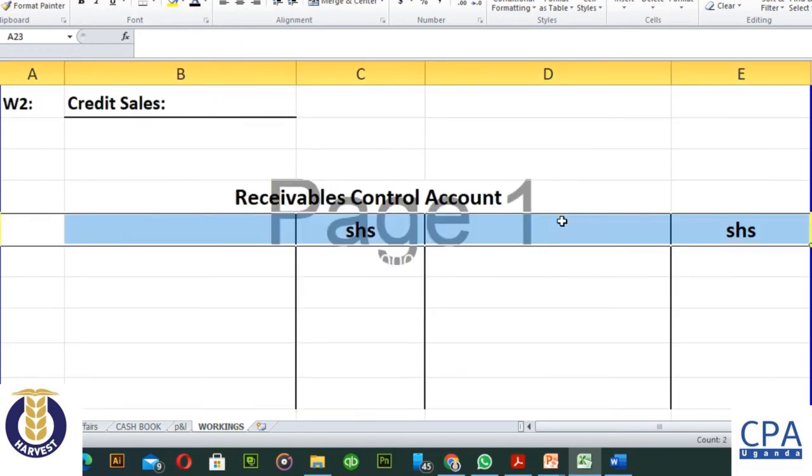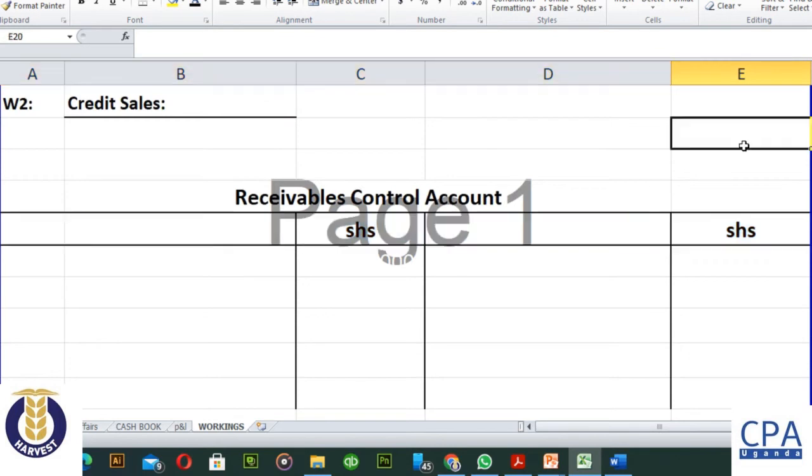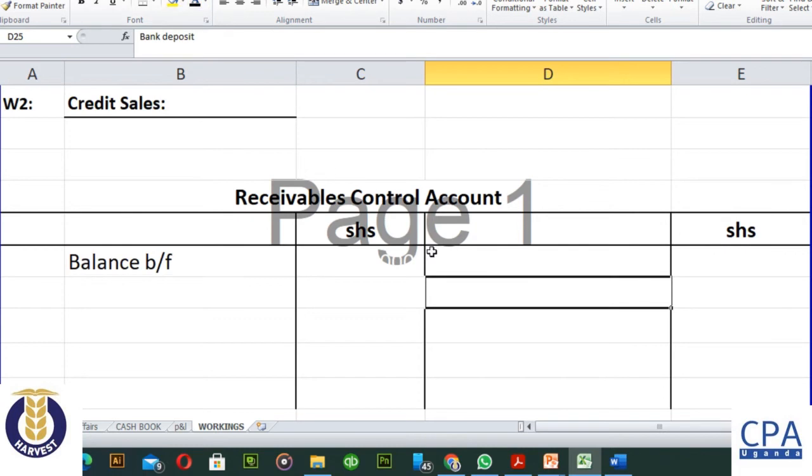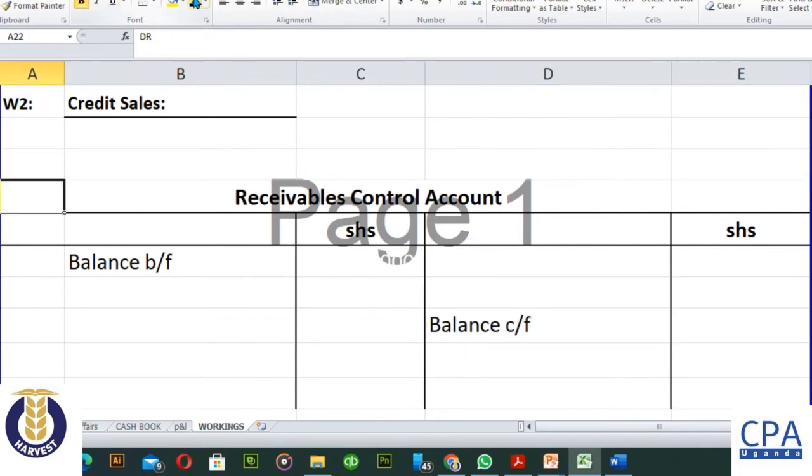I'm using the T account approach, but you can also use the vertical format that I presented in the lecture presentation. So the balance brought forward and the balance carried forward will take those positions in the T account. The balance brought forward will be a debit in the receivables control account, and the balance carried forward will be a credit in the receivables control account.